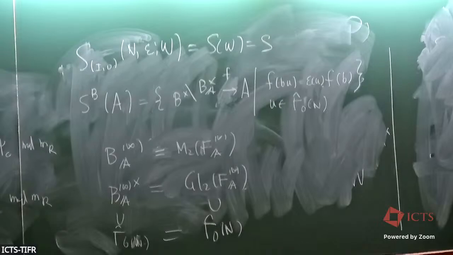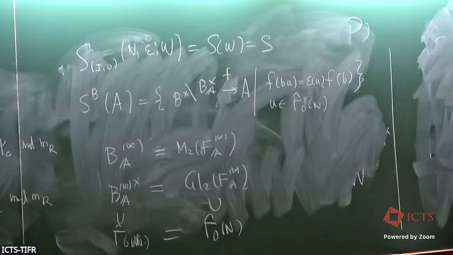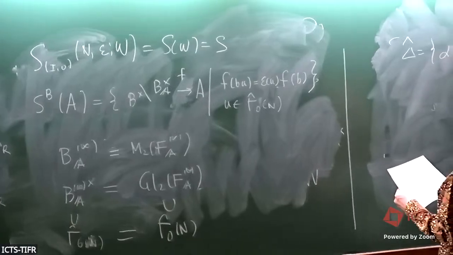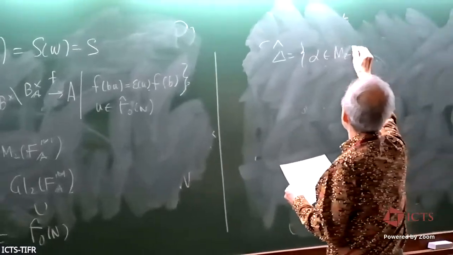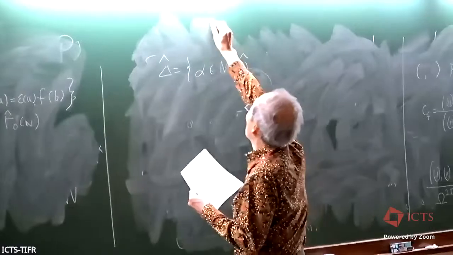So one thing is that therefore I can consider also delta hat, something alpha in M_2(O hat), where O is the integer ring.